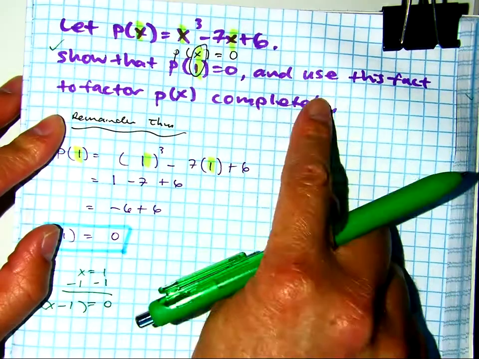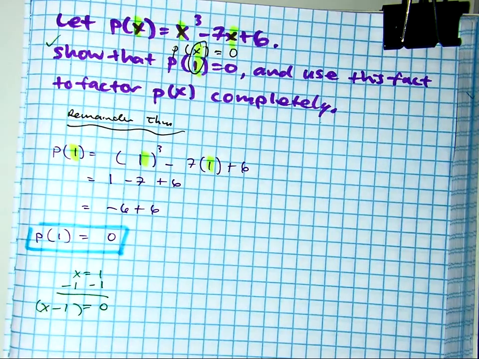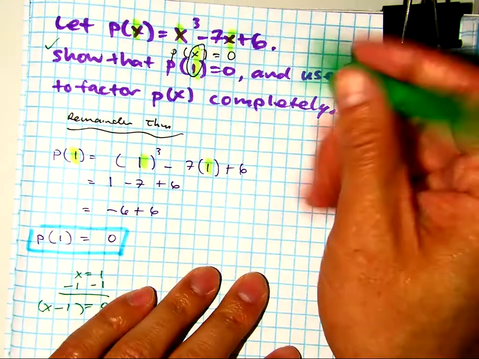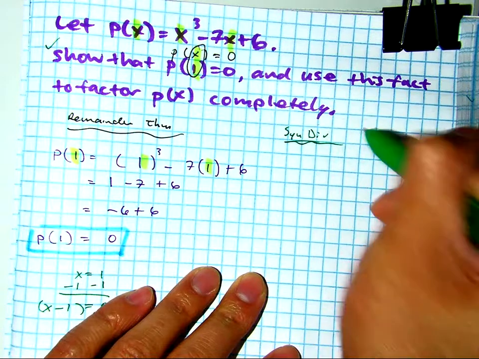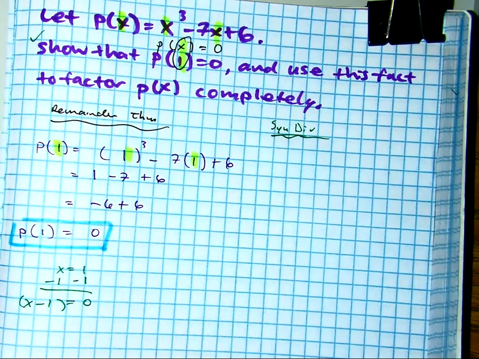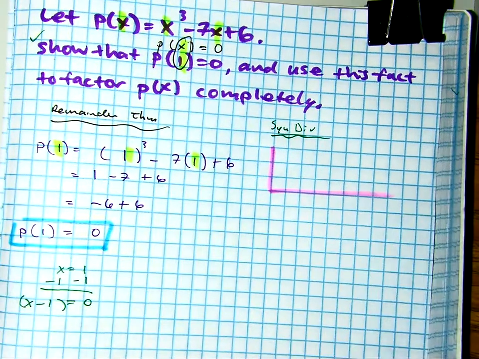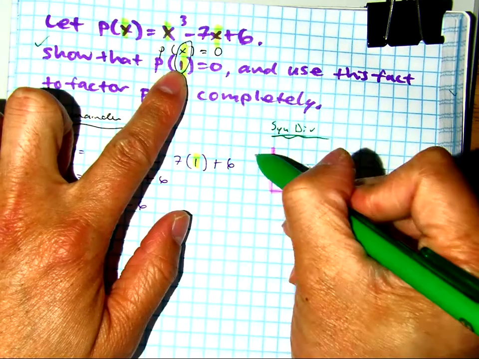The second part says, use this fact to factor p of x completely. Now, let's say we wanted to use synthetic division. So let's review synthetic division. I have a 1.